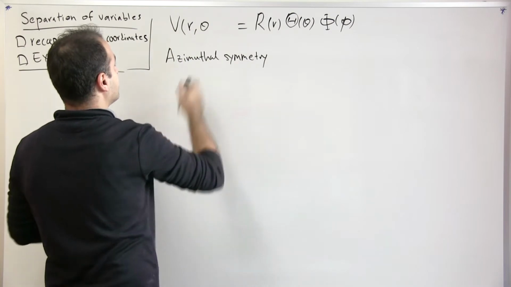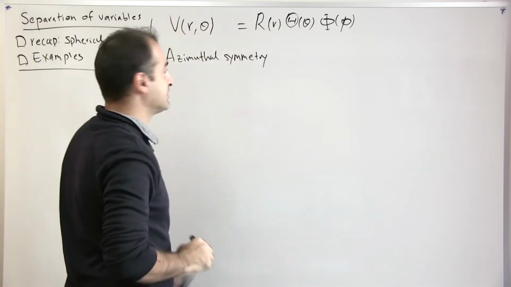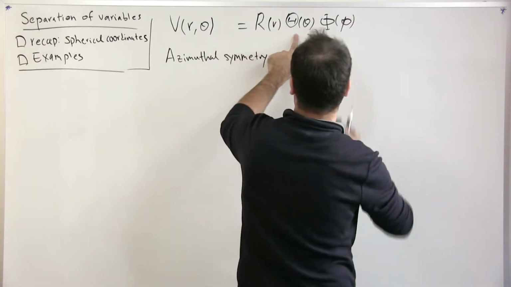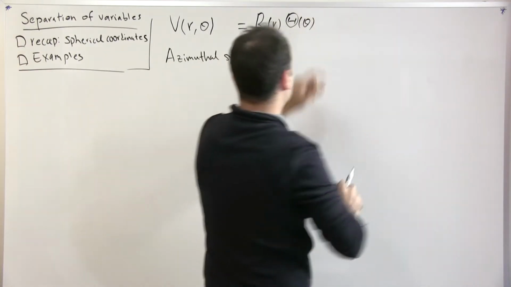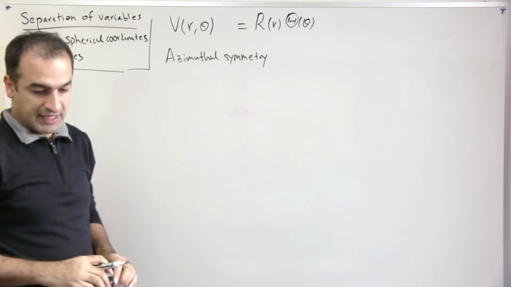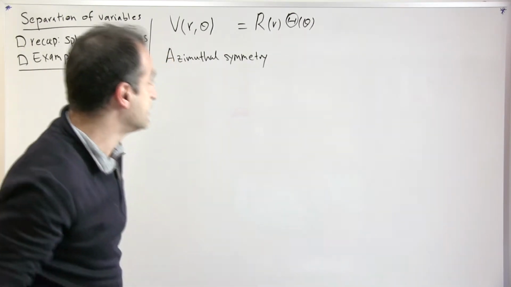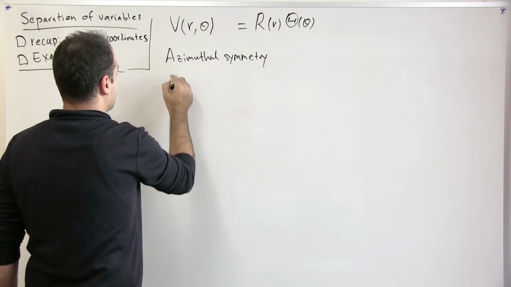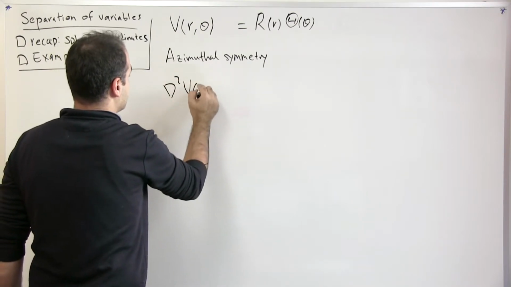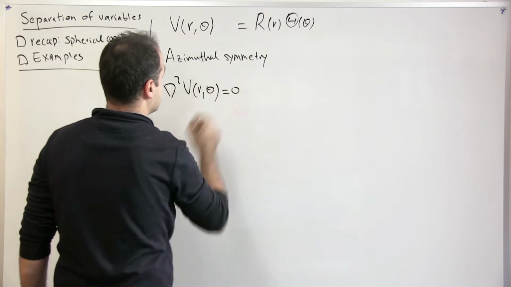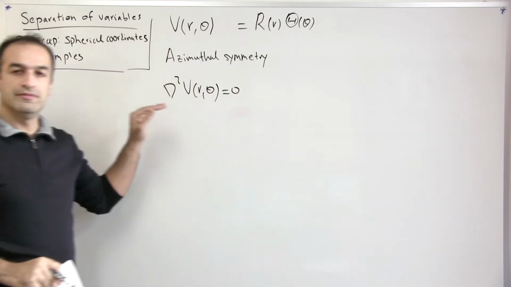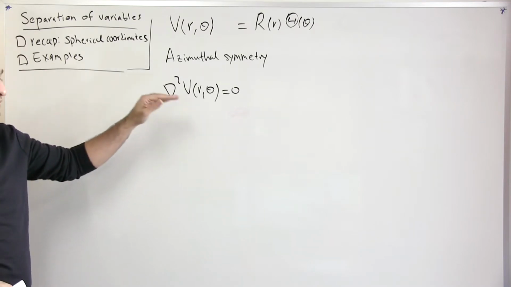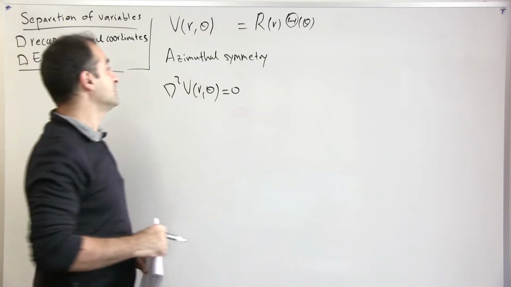What we are working with are potentials that are functions of r and theta, and they can be written in terms of R of r and Theta of theta. If we use this, I'm going to skip multiple parts because we discussed that before, but if we use this in Laplace's equation, we will get two different second order ordinary differential equations.